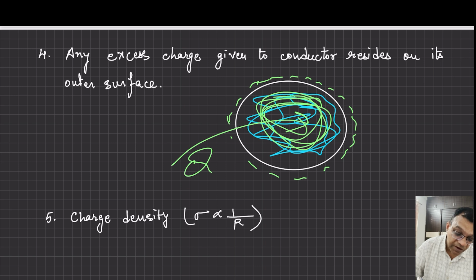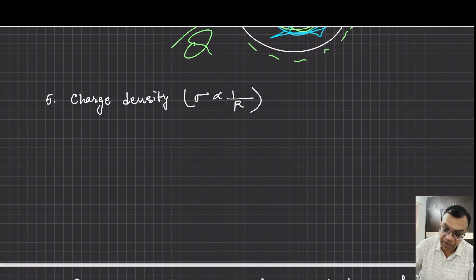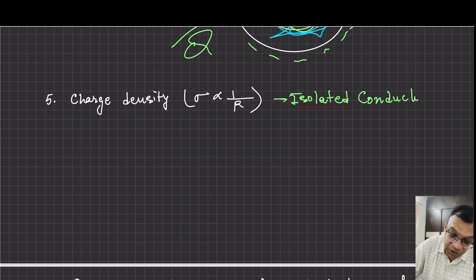Next property: whatever charge we are giving to a conductor, here it is meant only for an isolated conductor. Remember, this particular statement is valid only for an isolated conductor.